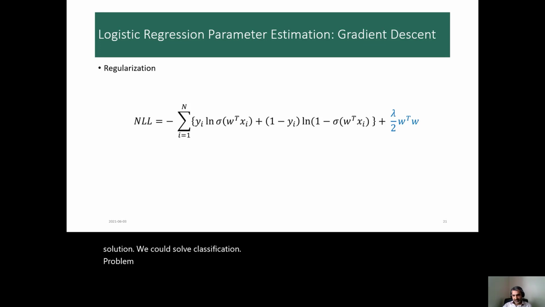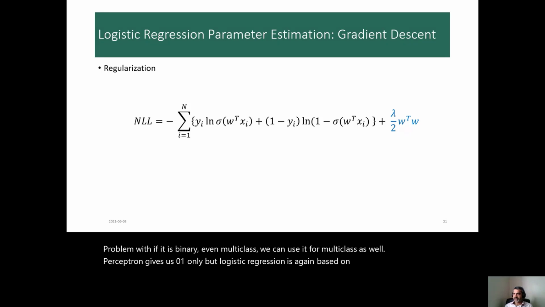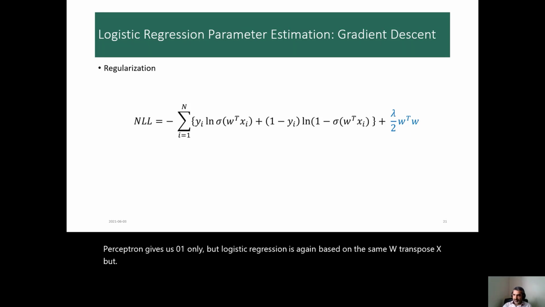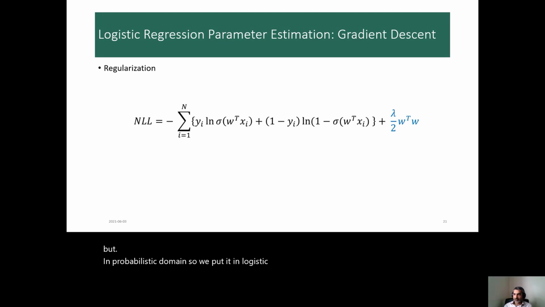If it is binary, even multi-class, we can use it for multi-class as well. Perceptron gives us 0, 1 only, but logistic regression is again based on the same W transpose X, but in the probabilistic domain. So we put it in the logistic function, 1 over 1 plus e raised to the power minus W transpose X, this guy. And the same regression is doing classification probabilistically for us now.